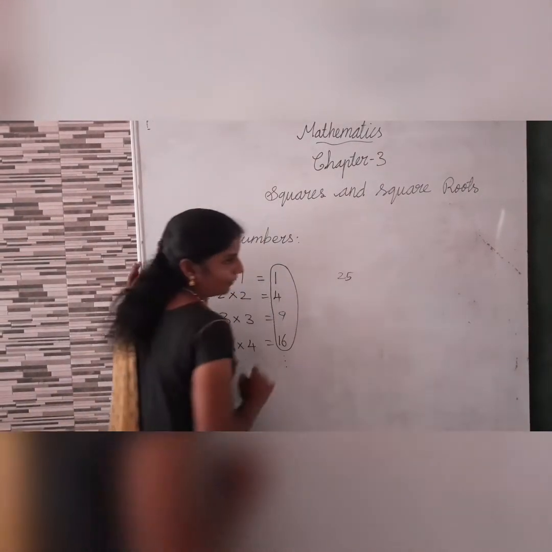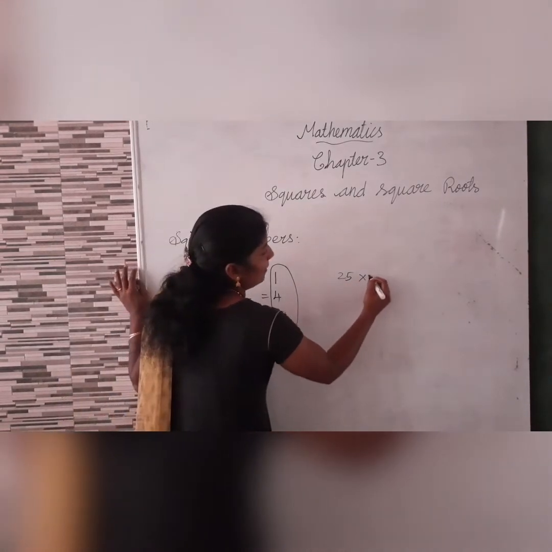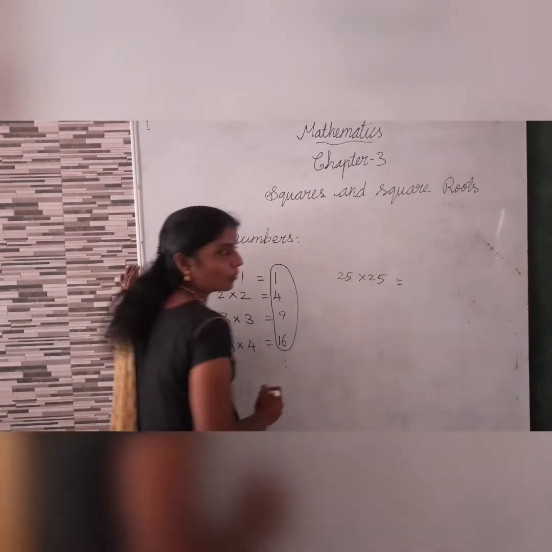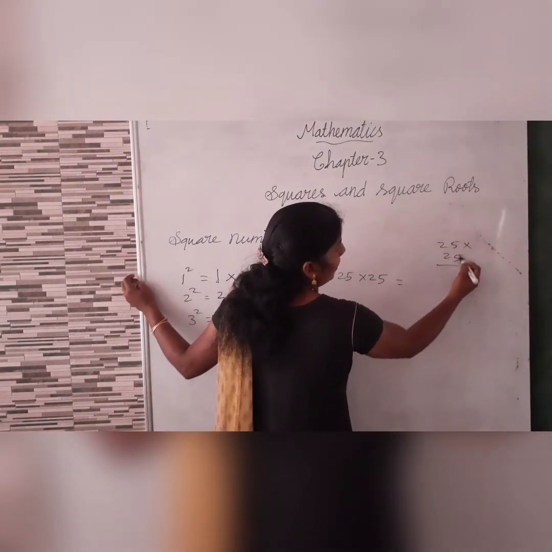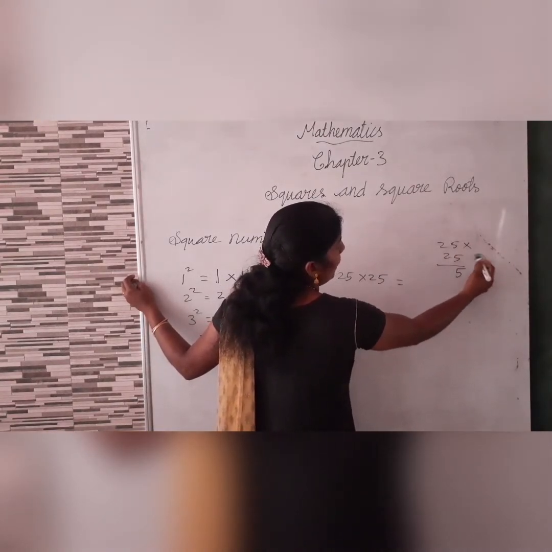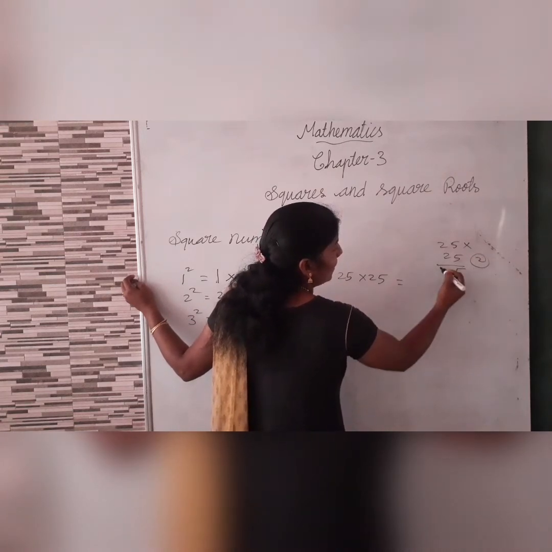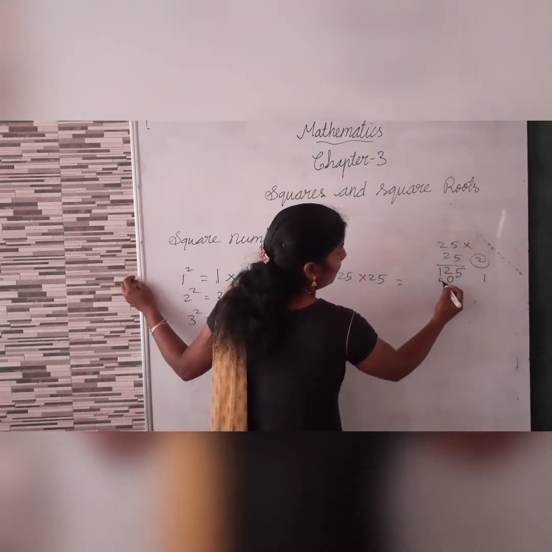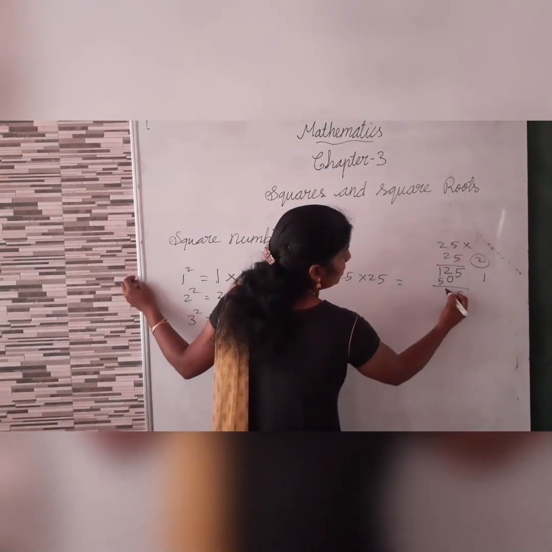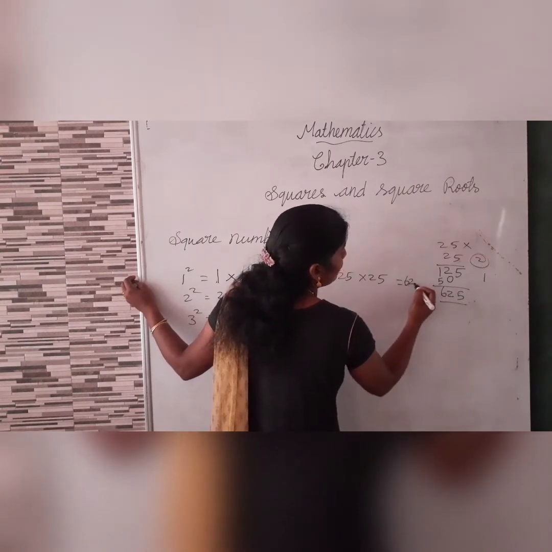Now, we can take any one number, 25. If you multiply 25 by itself, 25 into 25 is equal to what? 5 5s are 25. 5 2s are 10, 10 plus 2, 12. 2 2s are 4, 4 plus 1, 5. So, 625. 625 is also a square number. You can multiply 25 by itself, 25 into 25, and we get 625.